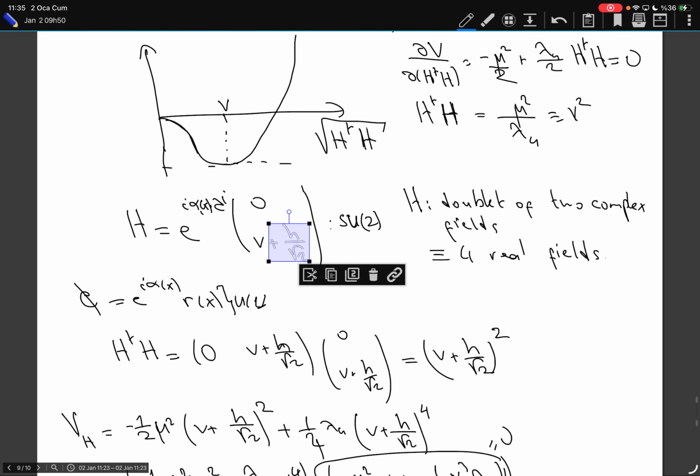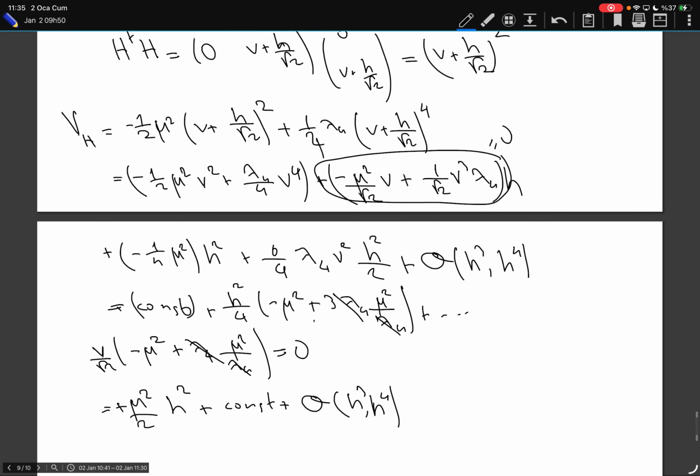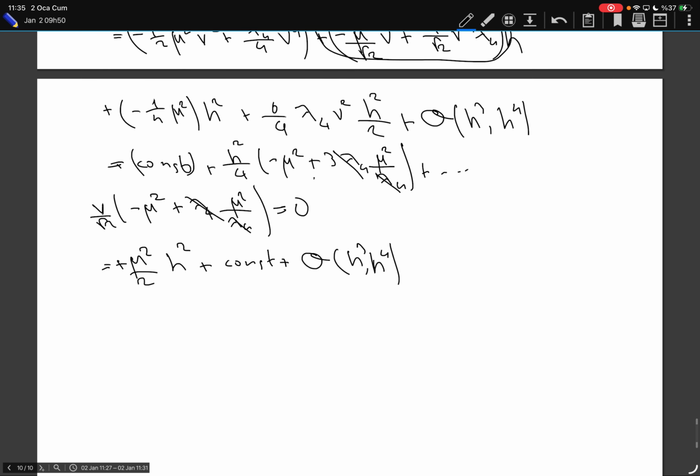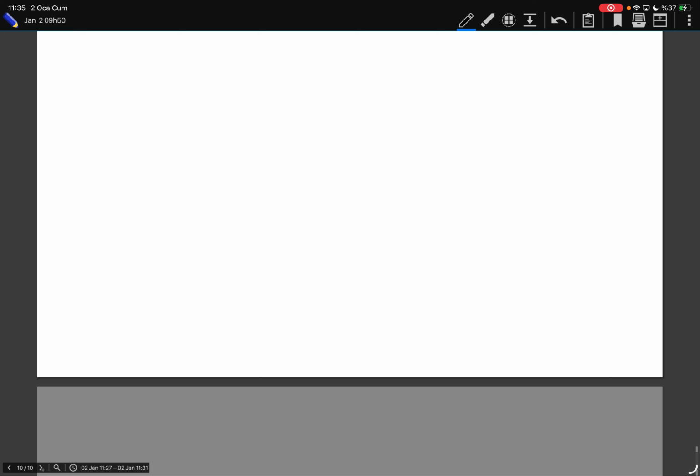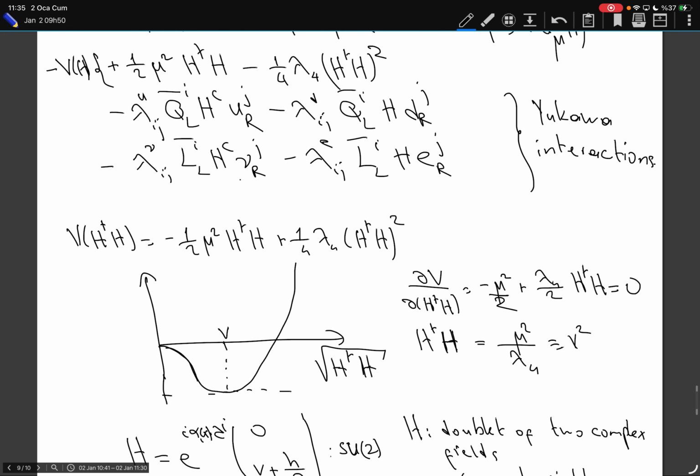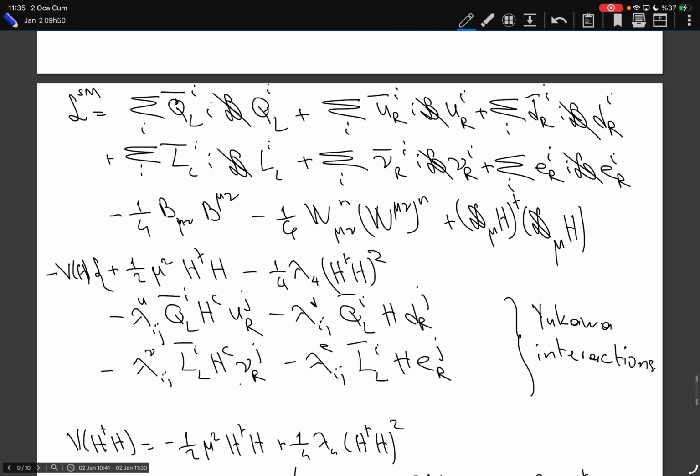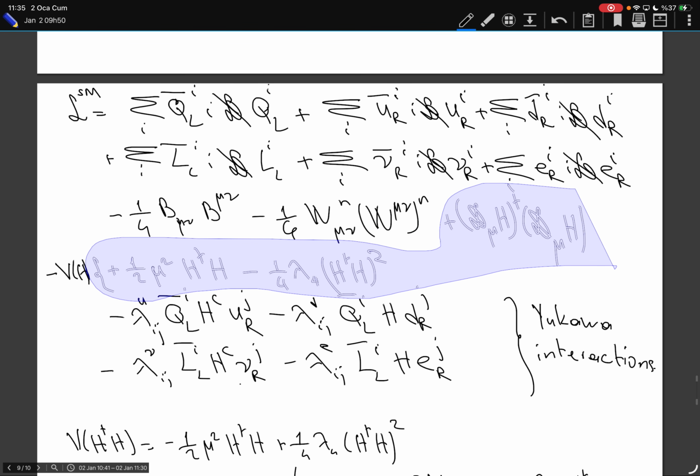The radial excitations become massive, the angular ones remain massless. Well, it won't appear here though, not in the standard model, because we have all the other terms which will. So if I only had these three terms, with the covariant derivatives replaced with ordinary derivatives, I would get three massless bosons and one massive boson in the ground state.